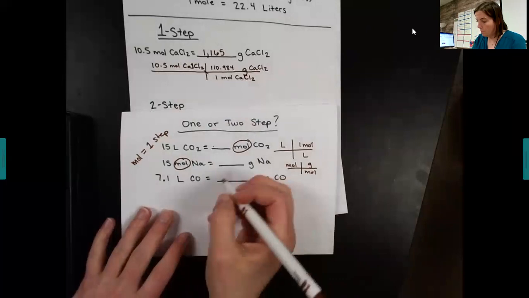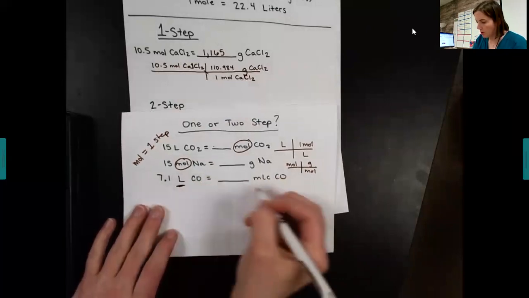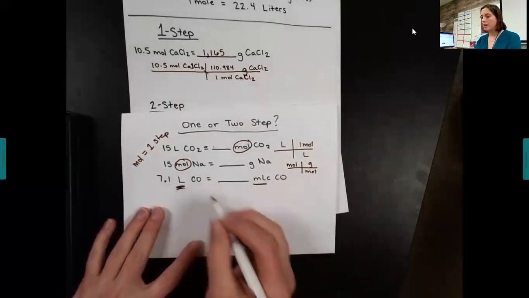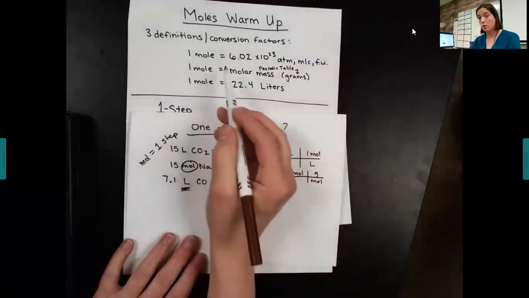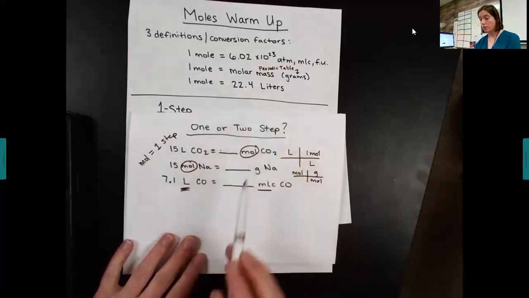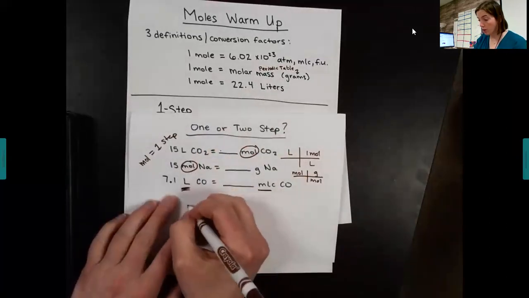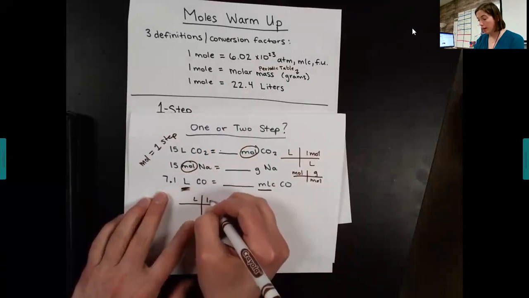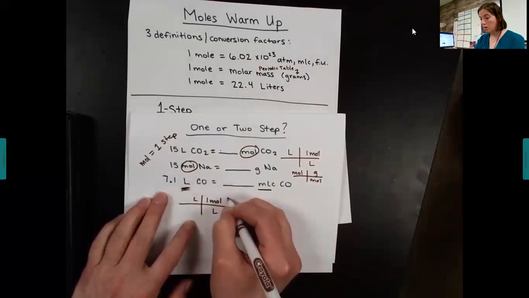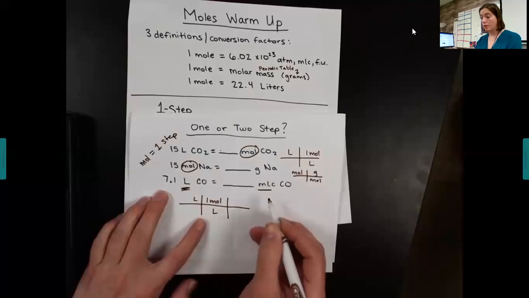All right. If you don't see moles in the problem, this is when you have to use the conversion factors, and you have to first go from what they give you, like liters, convert that to moles, and then you have to convert that to what you need.